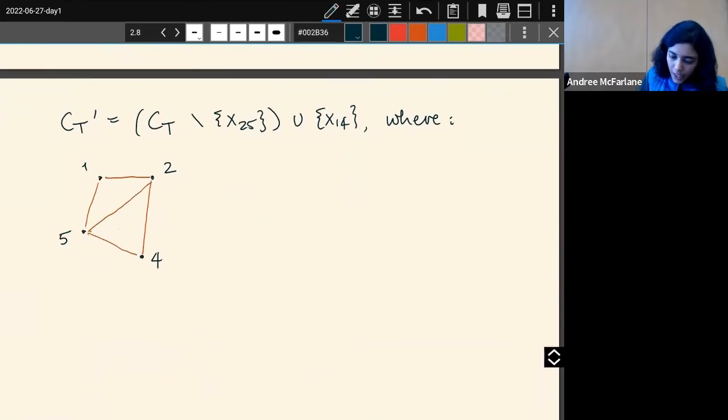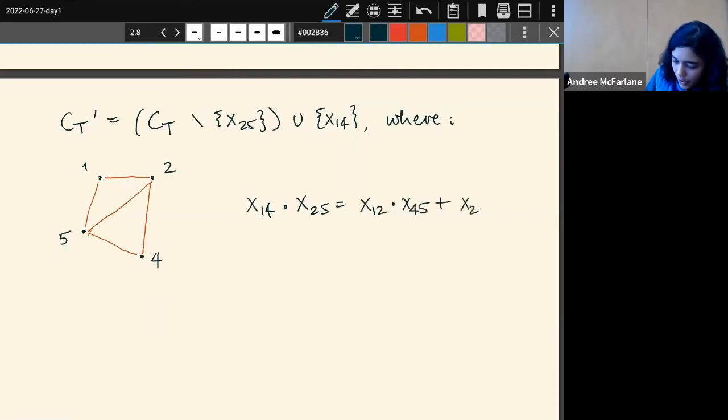The algebraic relation that I impose here is that x14 times x25 is x12 x45 plus x24 x15. So the product of the diagonals is the sum of the products of the opposite sides. This is probably a familiar relation.